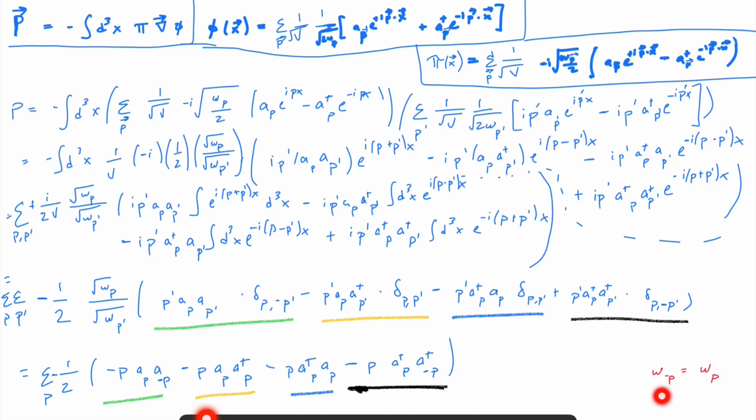But omega -p, for reasons we mentioned in the previous lecture, is actually equal to omega p. Just look at the definition of it: the quantity here squared plus m squared. A negative number squared is just positive, so that's why this relationship is true. So this simplifies down to this over here. This is the formula for P so far that we have.